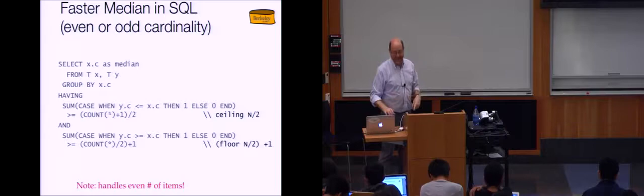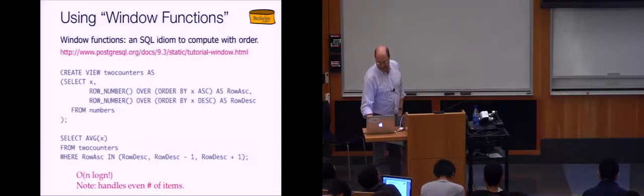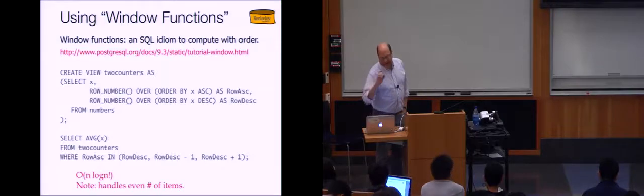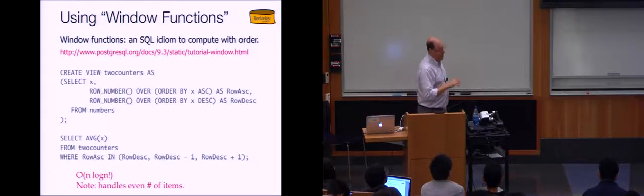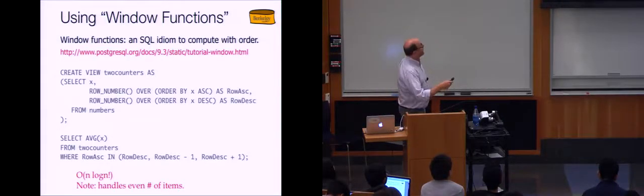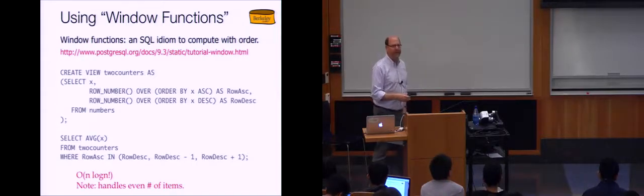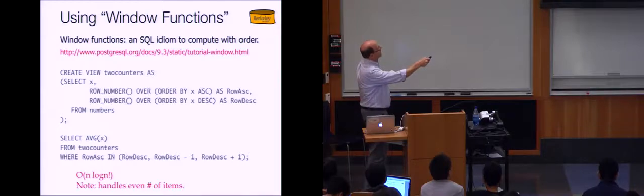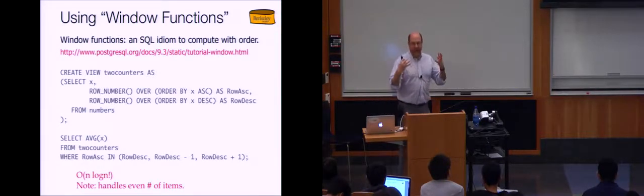Okay, and you'll see in a second we're going to actually take this idea of a self-join and exploit it even more. Okay, this is another thing that I'm going to let you puzzle through, but SQL, more recently, about 10 or 15 years ago, added this notion of window functions, where window functions have ordering built into them.